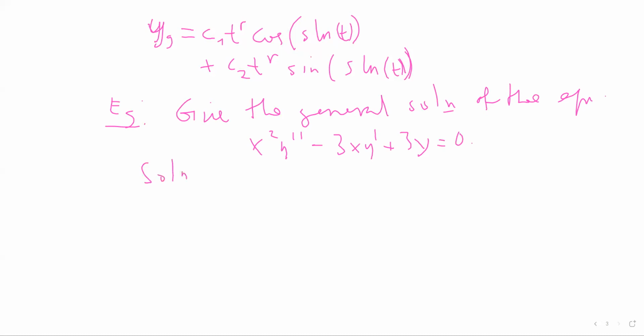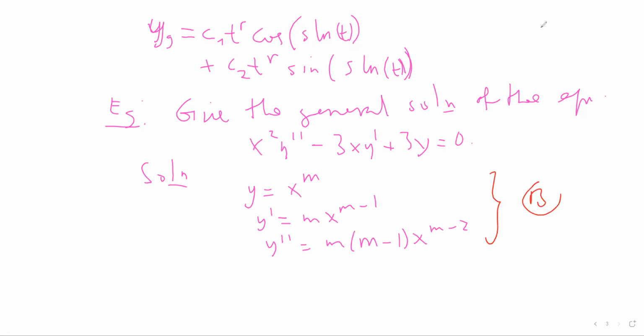So solution here, you start with y is equal to x to the power m, since we have an x. Then y prime will be m x to the power m minus 1, and y double prime will be m times m minus 1 x to the power m minus 2. Let's call this B.